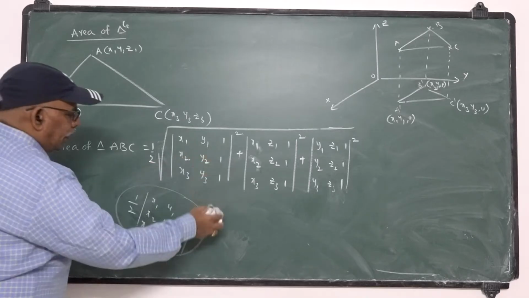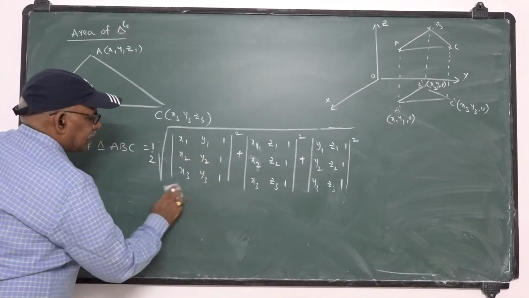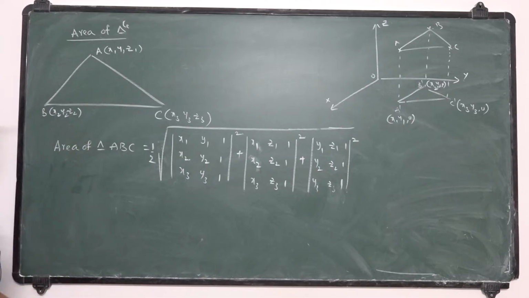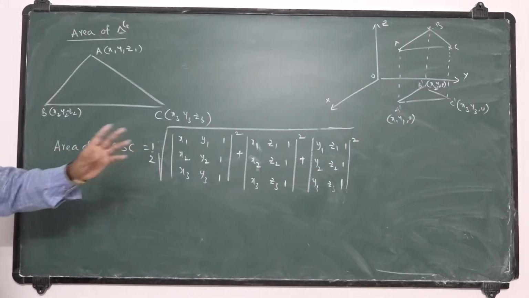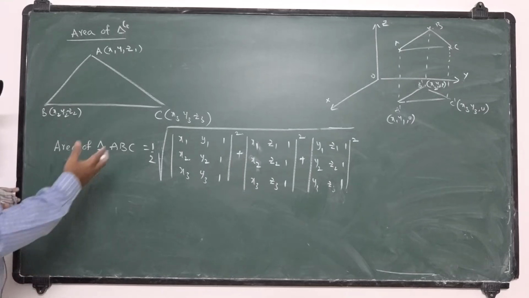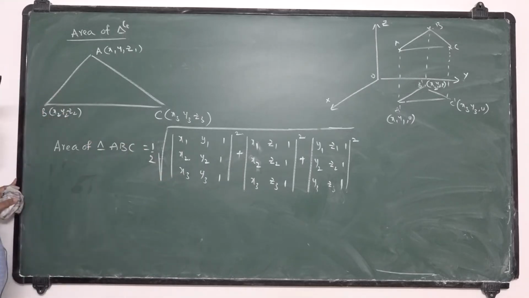So these are the areas of projections of triangle ABC over the XY, XZ and YZ planes. Based on these projections, you can find the area of triangle ABC.